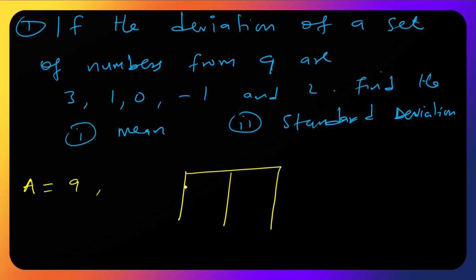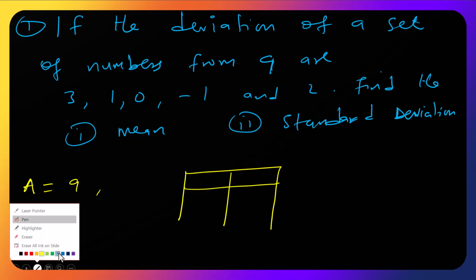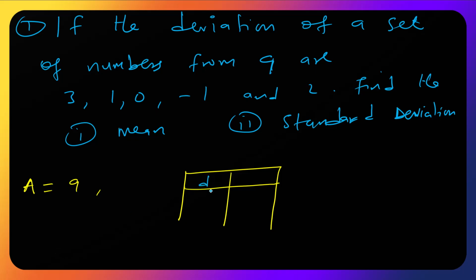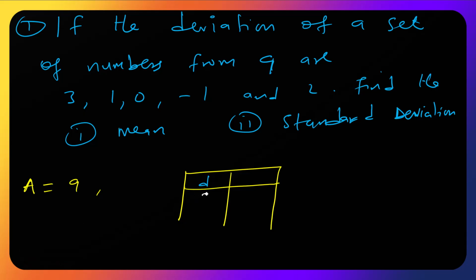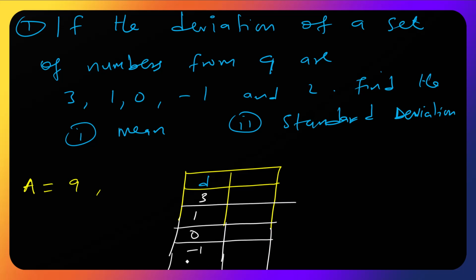We have d, deviation, so let's list them. We have 3, 3, 1, 0, minus 1, and 2.